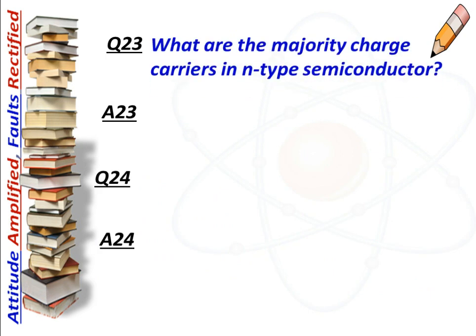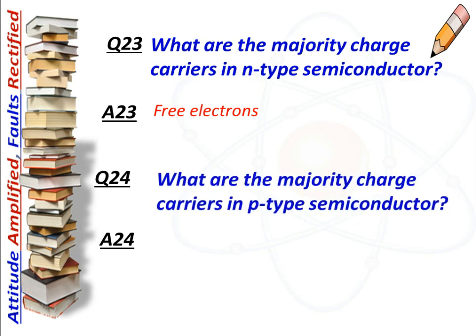What are the majority charge carriers in N-type semiconductor? Free electrons. What are the majority charge carriers in P-type semiconductor? Holes.